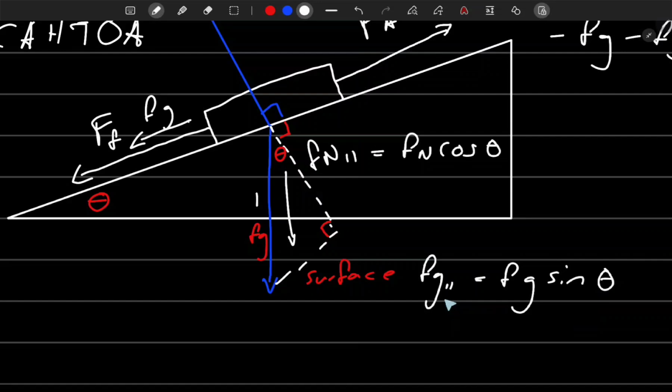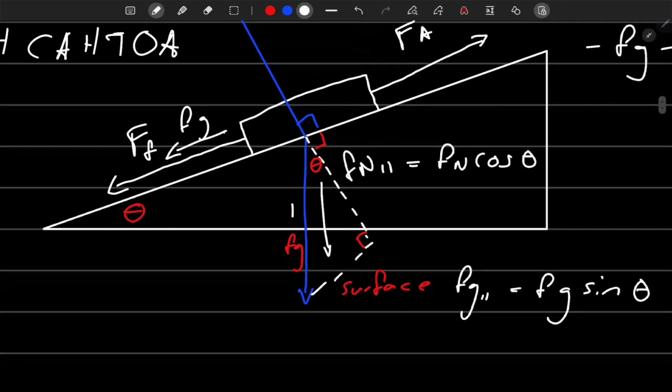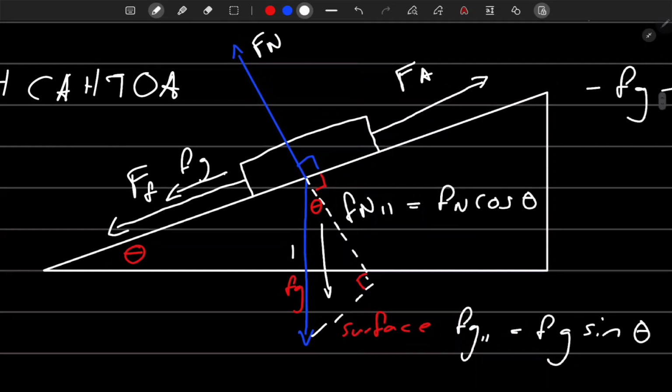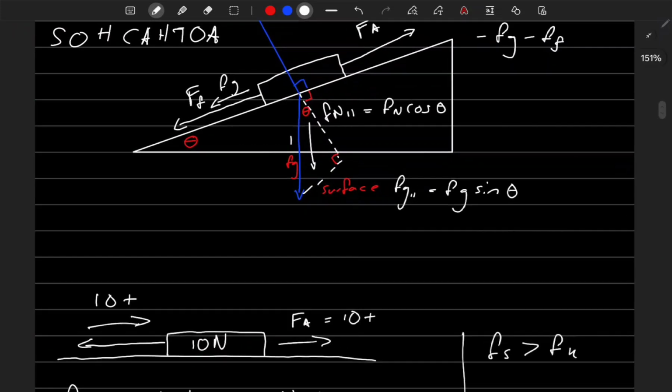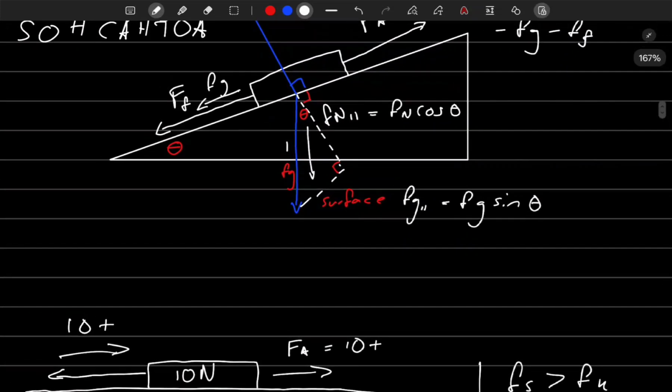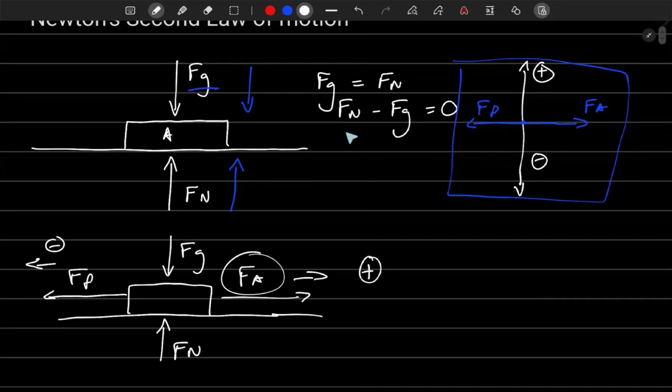Now something else that I want you to note is that the normal force is equal to the force of gravity. The reason why this object is staying where it is and is not sinking into the ground, if you look at the notes from my previous video, is that the normal force is equal to the force of gravity.